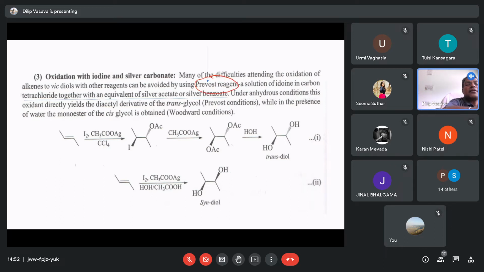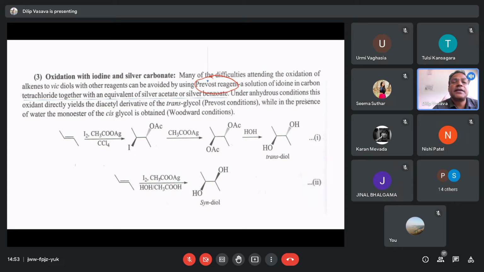with the silver salt, that is silver acetate. Silver salt is utilized for the same purpose.